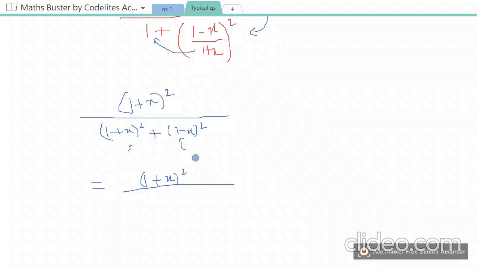So it will be 2 into 1 square, that is 2, plus 2 into x square. It is 1 plus x the whole square upon 2 into 1 plus x square.